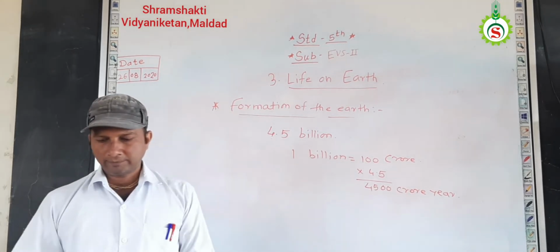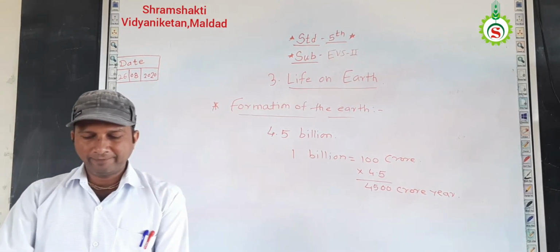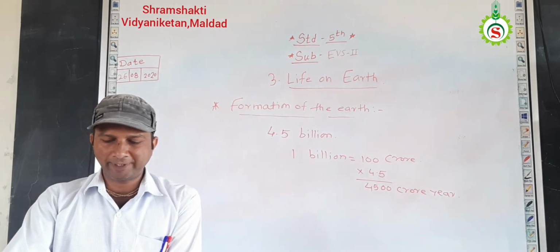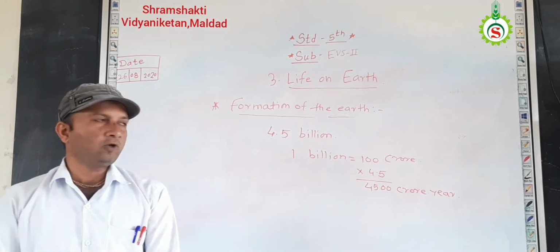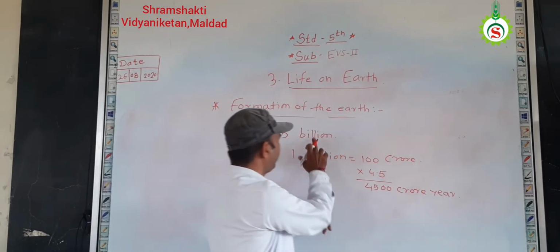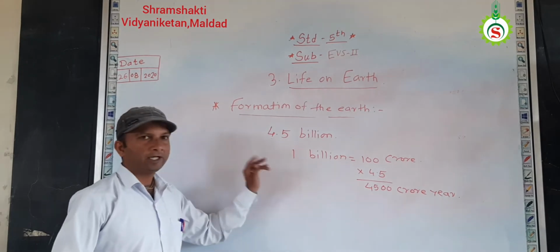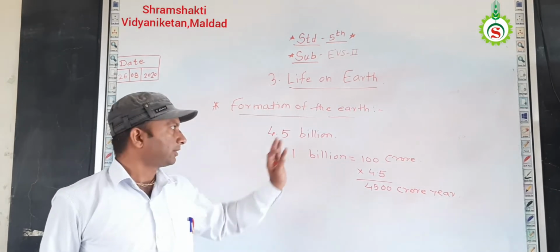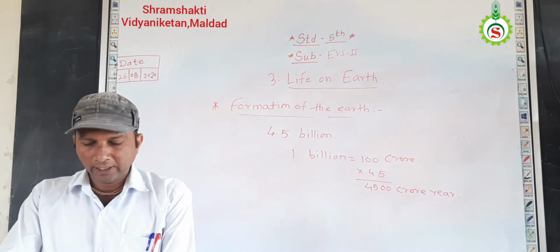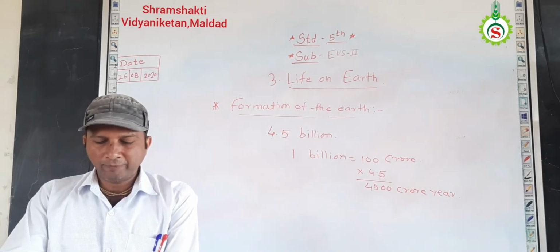At that time there are enormous clouds of very hot gases and dust spinning at a great speed. So before 4,500 crore years or 4.5 billion years, a cloud of hot gases is formed, and dust spinning at a very great speed.